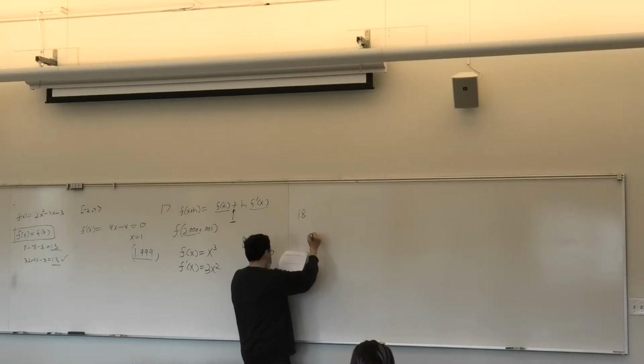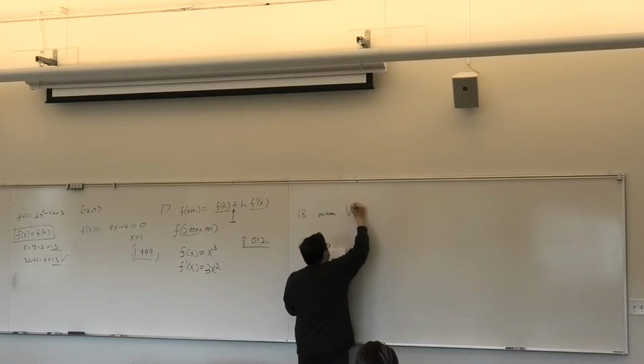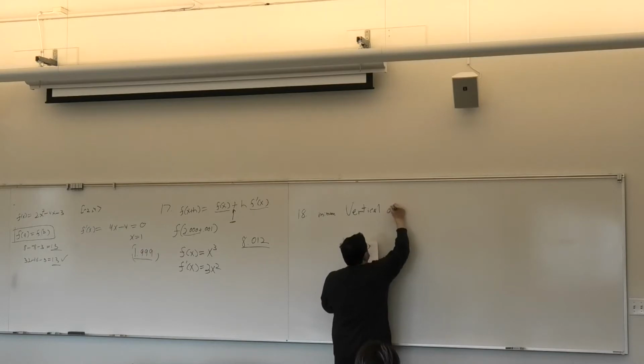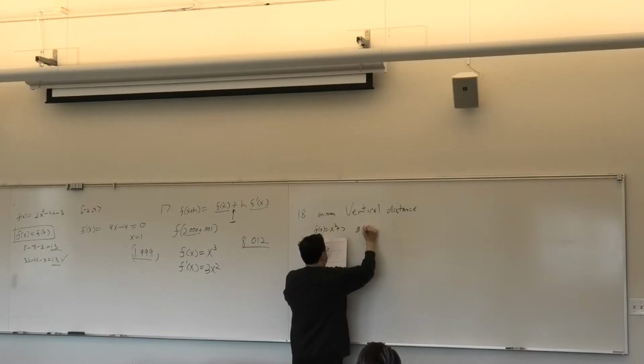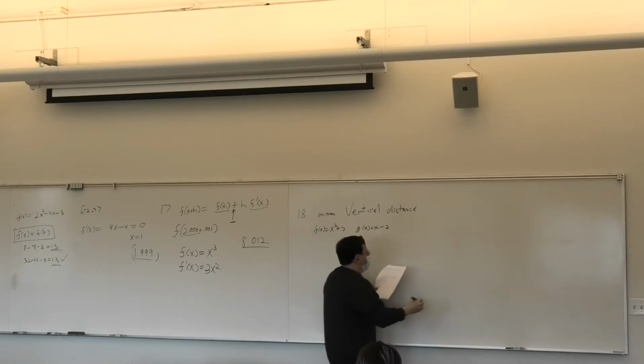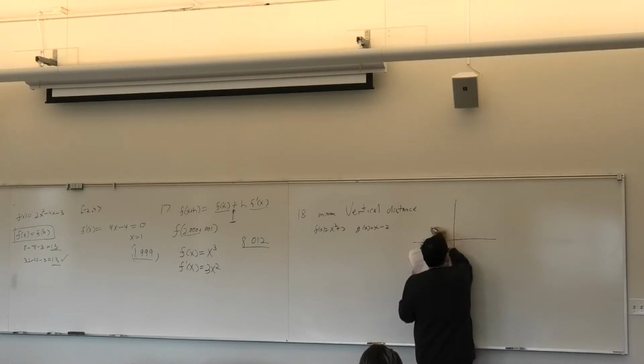But it asks, what is the minimum vertical distance between two functions, x squared plus 2 and x minus 2. And if you graphed it, I think it looked something like this.